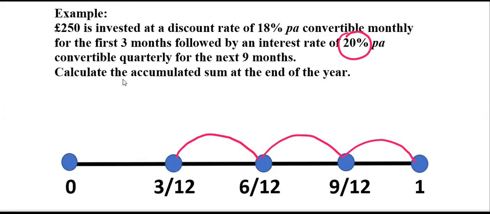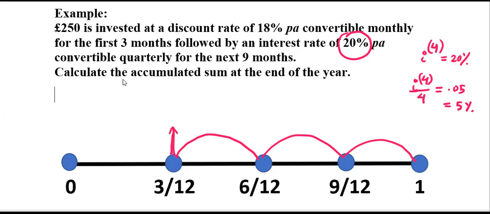Because 20% per annum convertible quarterly means i4 is given, and the quarter interest rate is i4 by 4, and that is 5%. So if you know the amount here somehow, it will be very easy to find the amount here. The only thing is you should be able to find the amount here.